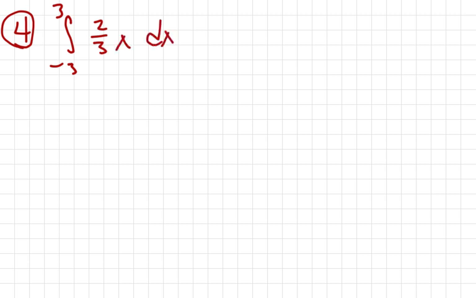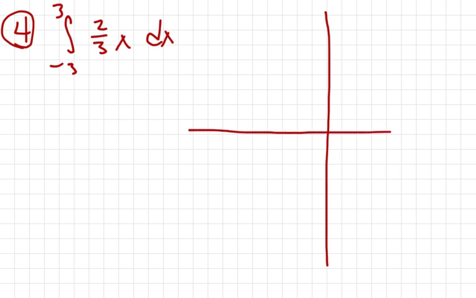Alright. Example 4 is the integral from -3 to 3 of 2/3 x dx. So if I make a graph of this, this is a line with a y-intercept of 0 and a slope of 2/3.